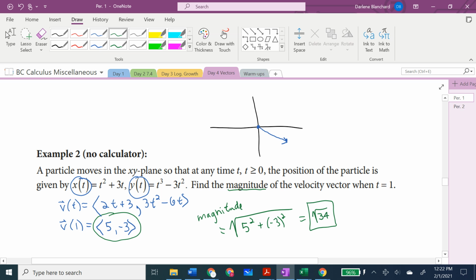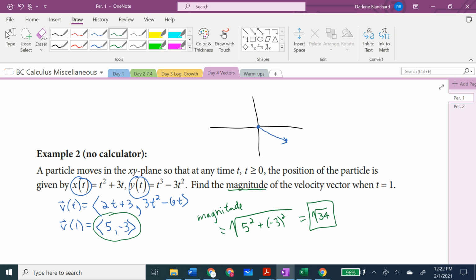Now, in the context of particle motion, what is the square root of 34 telling you about the particle's motion? And I'm trying to see if some of you with a physics background know where this is going. Yep, it is speed.